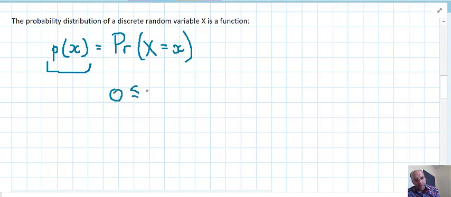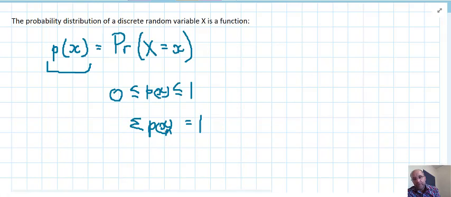Firstly, the value of p of x, unsurprisingly, should be between 0 and 1 inclusive, so you know that from your work on probabilities. And secondly, the sum of all the values in p of x equals 1.